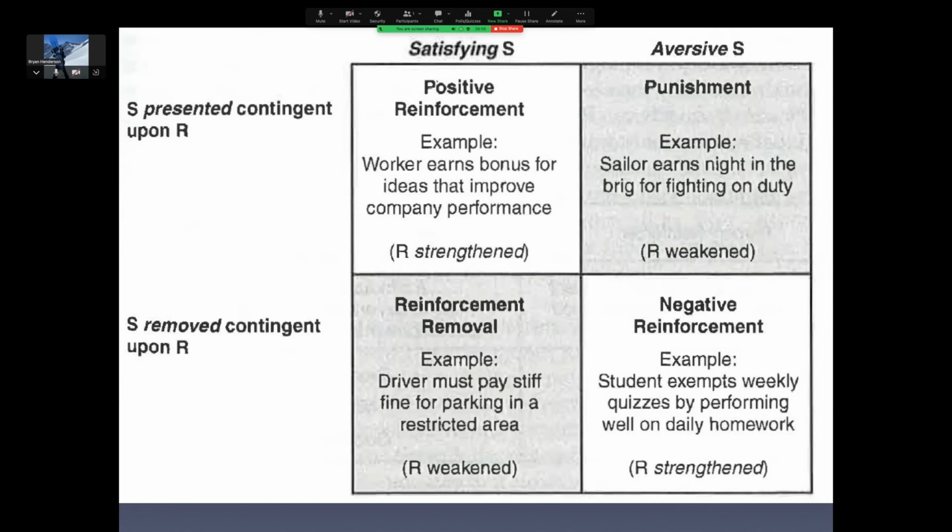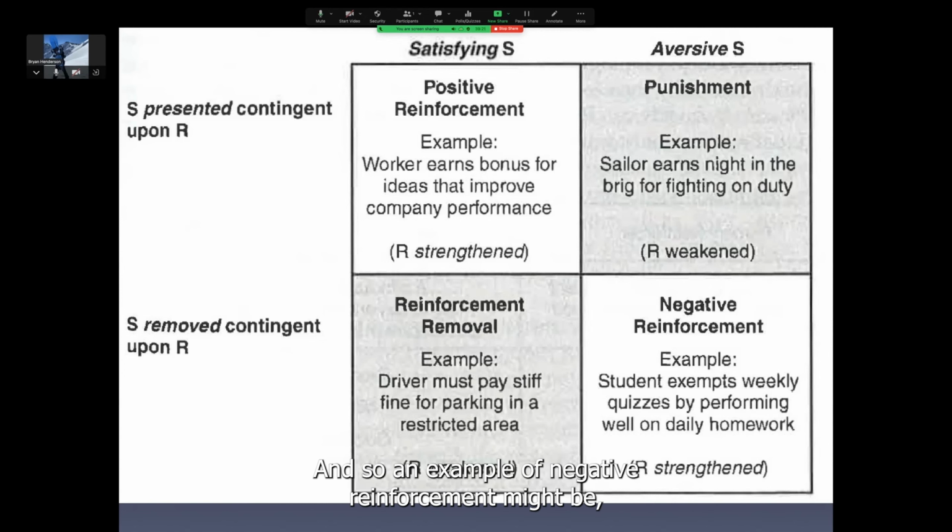The final cell, this is also in the taketh away category, but now you're taking away something that is bad. When you're taking away something that's bad, you're actually trying to encourage more of the behavior. The reason being is that if it's bad and you take it away, well, that's good because you don't want stuff that's bad. So this is negative reinforcement.